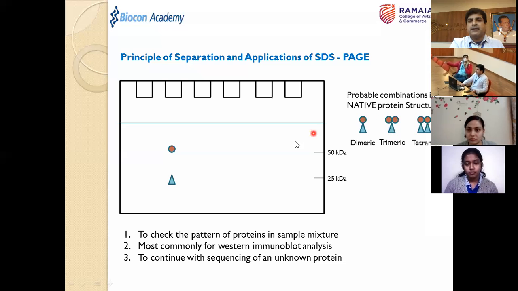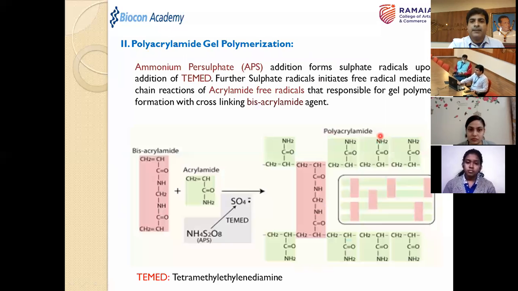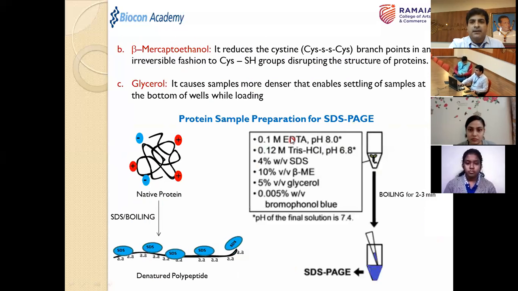And here what happens in SDS-PAGE, because you are boiling. I didn't tell, I think, in sample buffer preparation, see here, these are all the contents I told, and you have to boil the samples. When you boil, what happens? Because of beta-mercaptoethanol and SDS, this will become like a primary structure, a thread-like structure of the polypeptide, and SDS is going to bind.